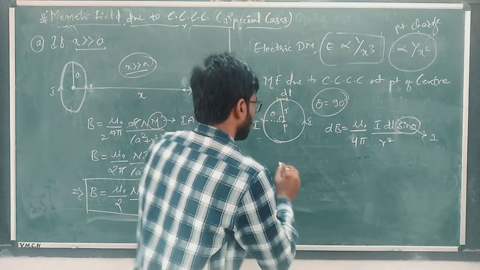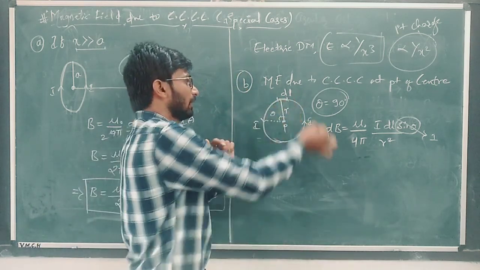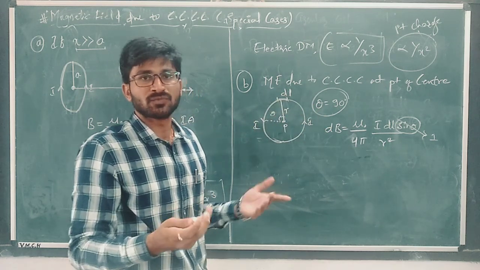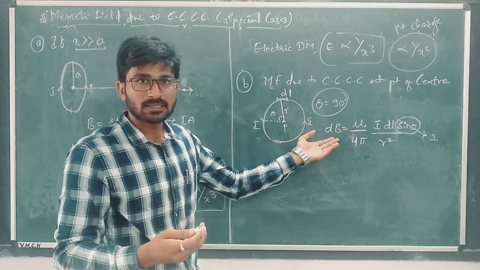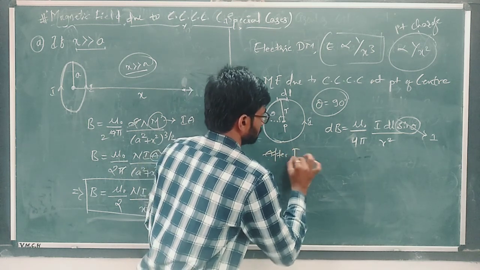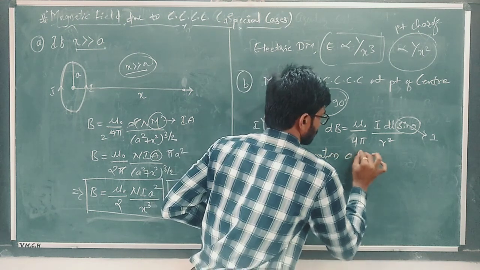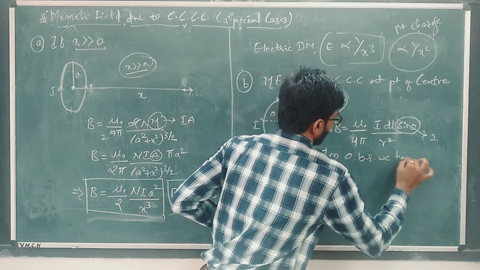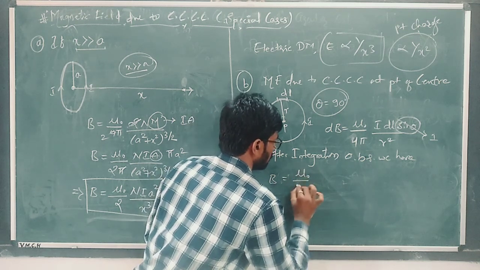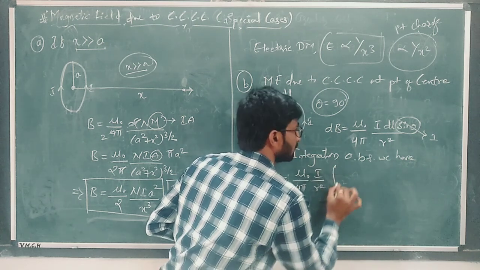Right now I had considered only a small element. If I am going to find the field for the whole circular coil, then you need to integrate on both sides. After integration on both sides, B is equal to mu naught by 4 pi, taking the constant parameters outside, I by r squared, integral of dl.